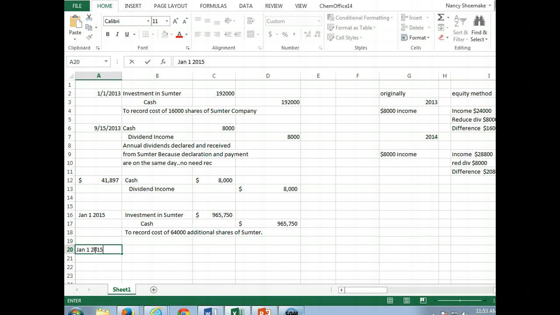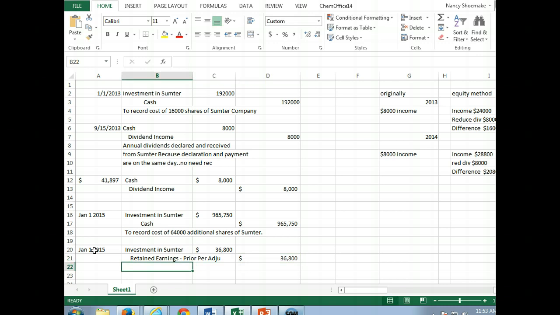And we're going to debit investment in Sumter for 36.8, and we're going to credit a retained earnings prior period adjustment of 36.8. And that's basically adjusting our books. Instead of just claiming those dividends, now we need to go and perform it in the equity method fashion.